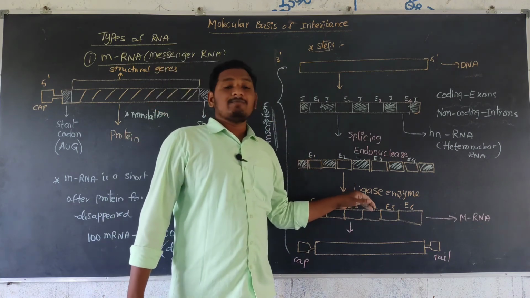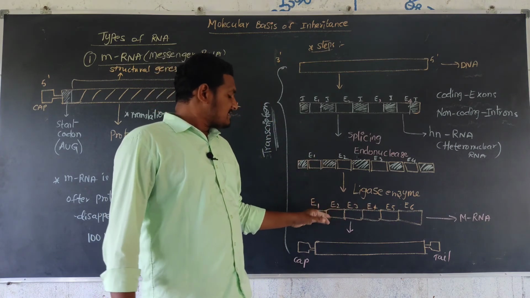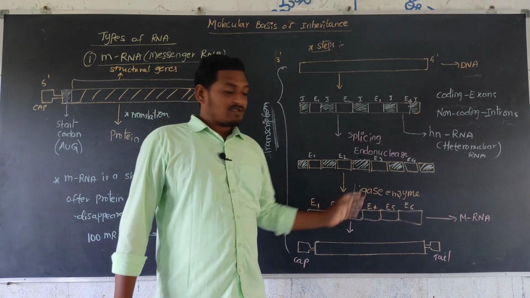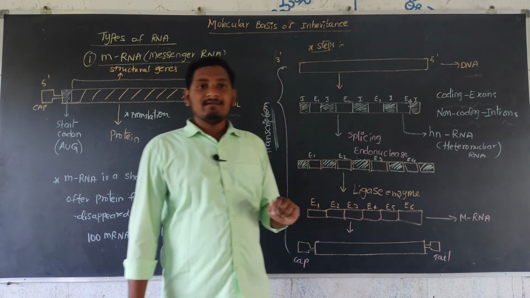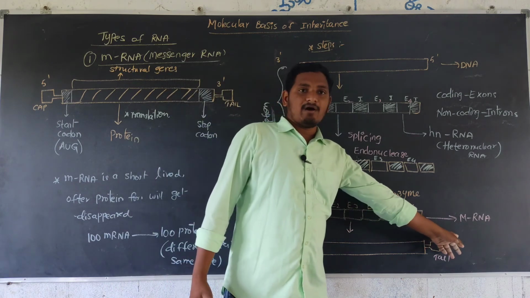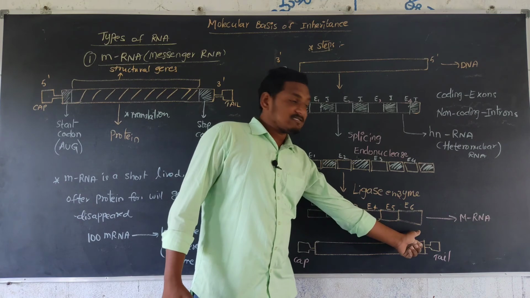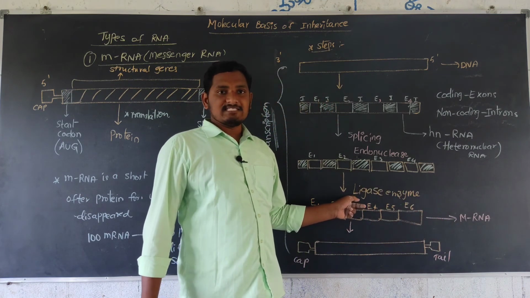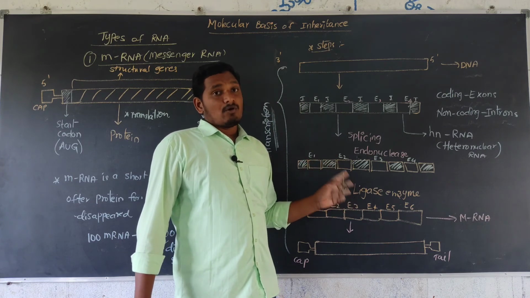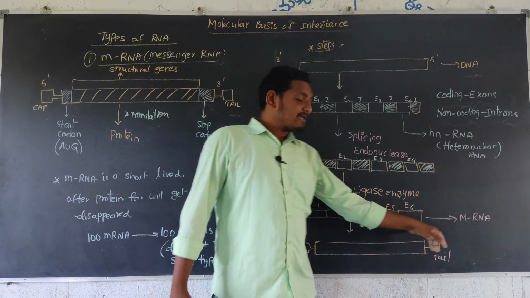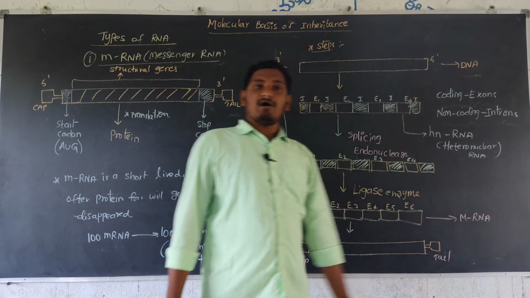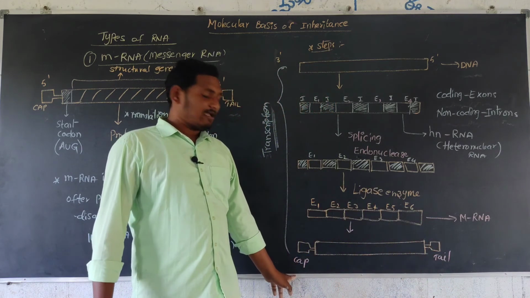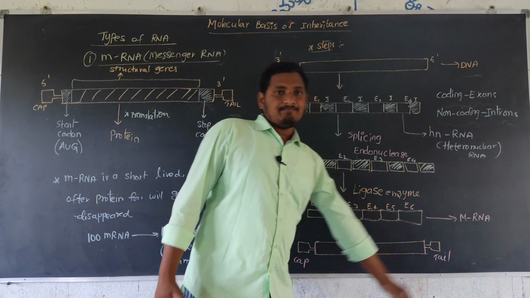Then the ligase enzyme adds all the exons together, and the introns are removed. Only the exons are joined together to form the mRNA. That mRNA is now stable with the help of the cap and tail.